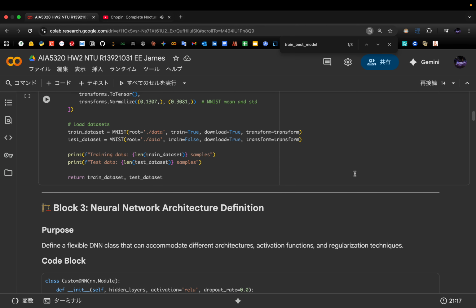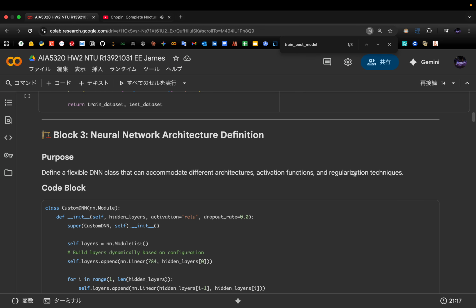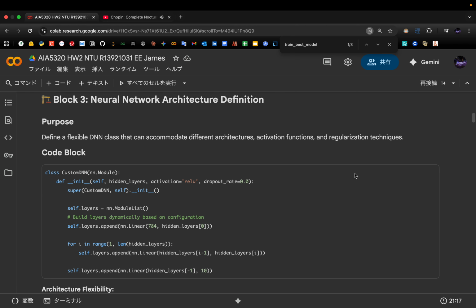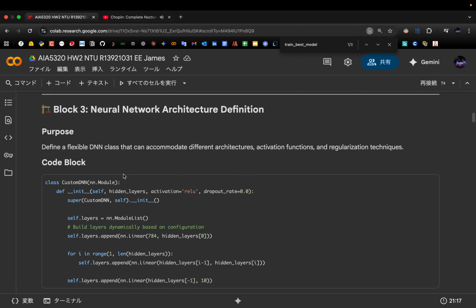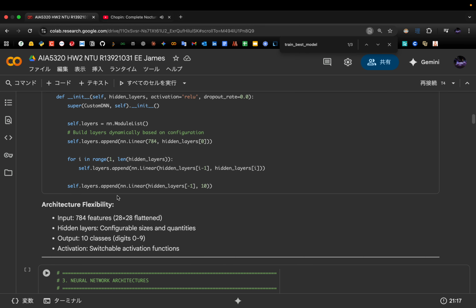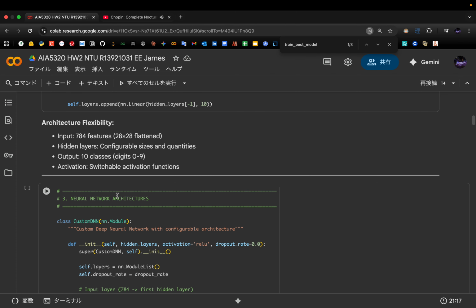Okay, so these are quite basic steps, and this is our neural network architecture. We define our number of layers using the nn submodule in PyTorch. At first you can see that the input is 784 features because the input images are 28 by 28.